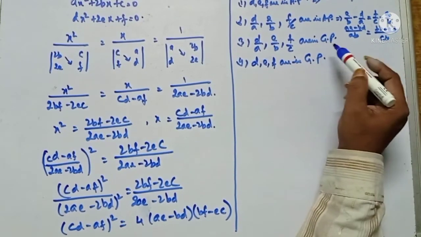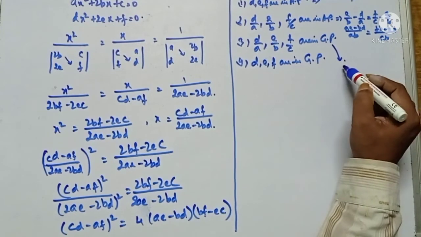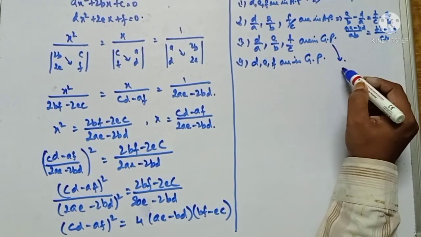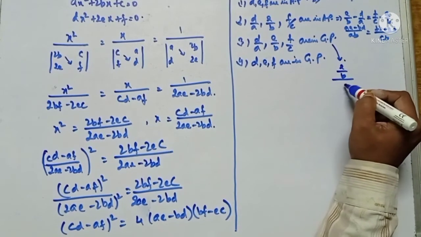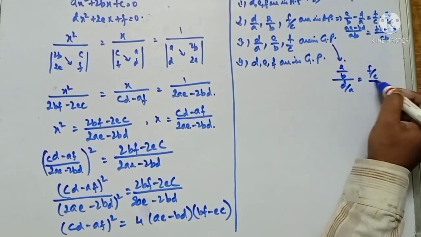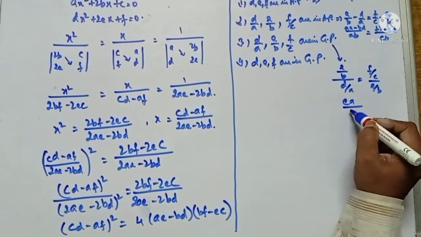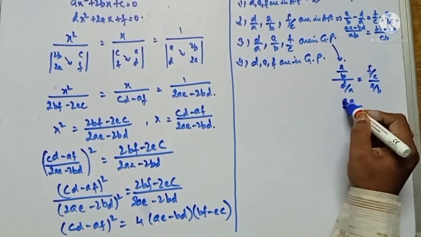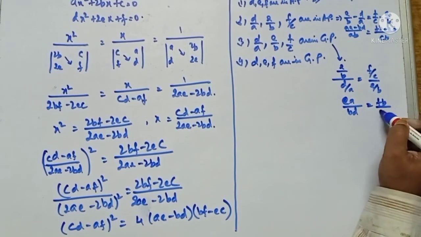Now let us go to see this third option. In the third option we see that in GP, that means E by B by D by A is equal to F by C by E by B. So this will be EA by BD equal to FB by CE.